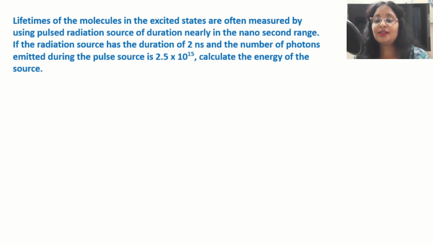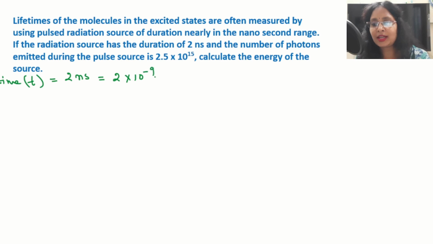So friends, first of all we will write whatever is given. So first thing which is given is time, which is denoted by T. We will write it here 2 nanosecond, which we will convert to the second, 2 into 10 to the power minus 9 second, because we knew that 1 nanosecond is equal to 10 to the power minus 9 second.